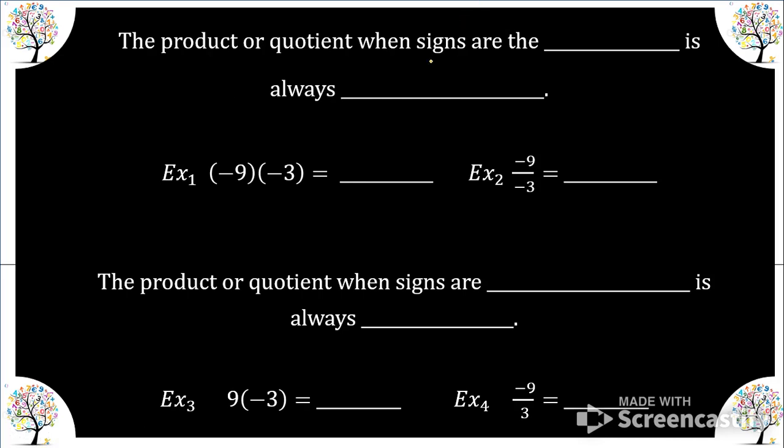So the product or quotient when signs are the same is always positive. So if we multiply two numbers that have the same sign, we get a positive product. If we divide numbers that have the same sign, we get a positive quotient.